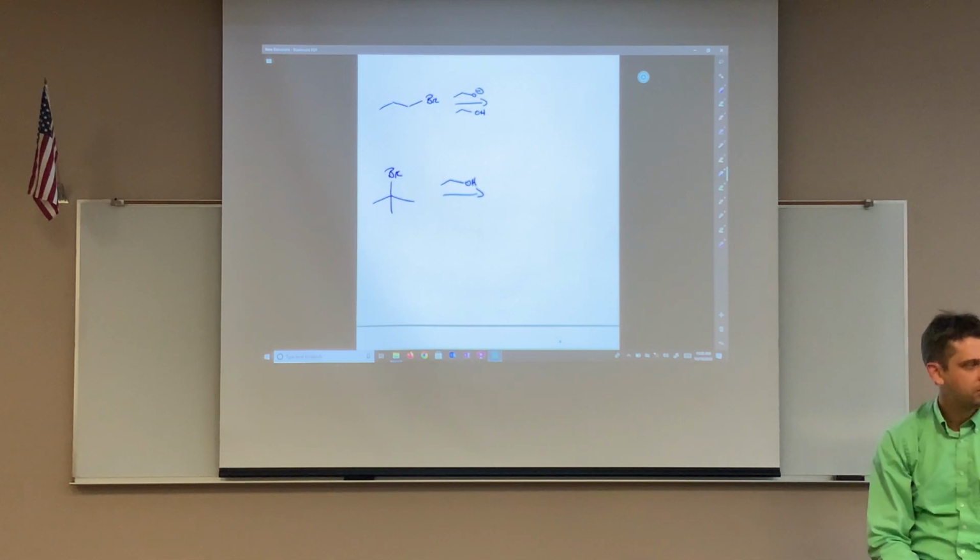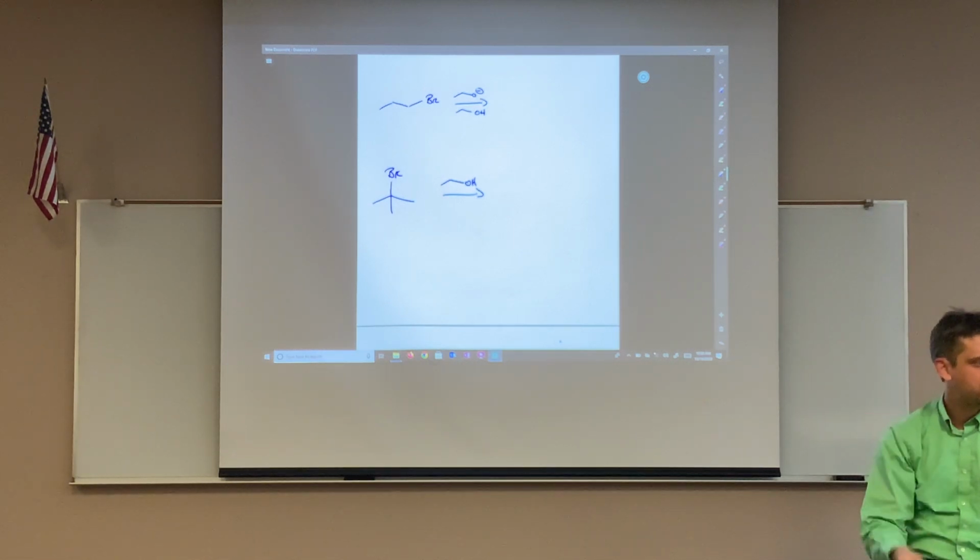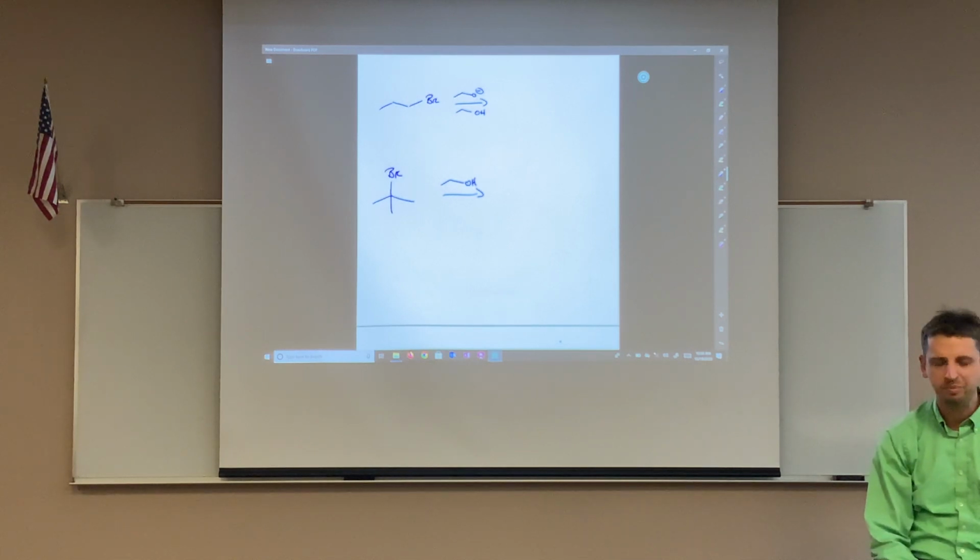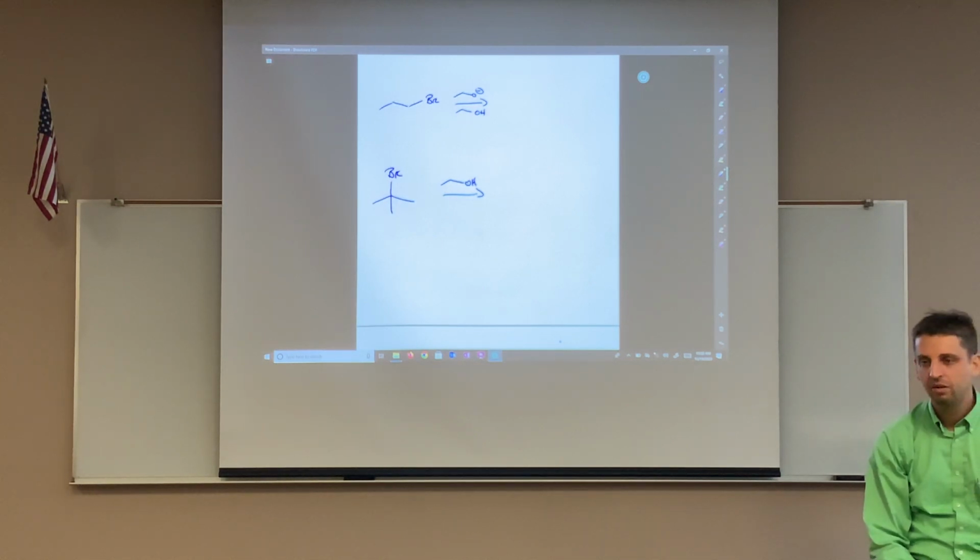Tertiary leaving group. So as soon as we see a tertiary leaving group, what can we eliminate in terms of mechanisms? Sn2. So now we're only down to Sn1, E1, and E2. So we've got a weak nucleophile, pathetic base, good leaving group, tertiary position, with a polar protic solvent.